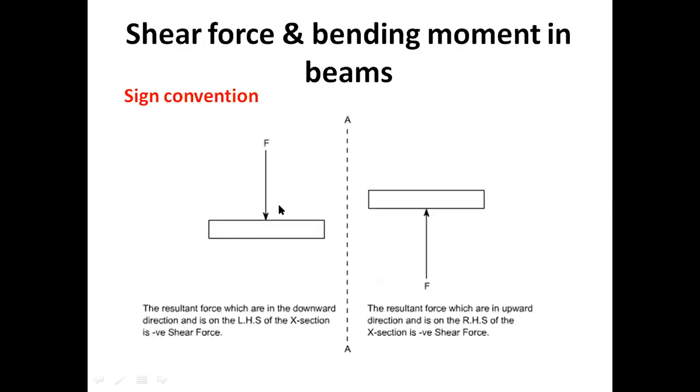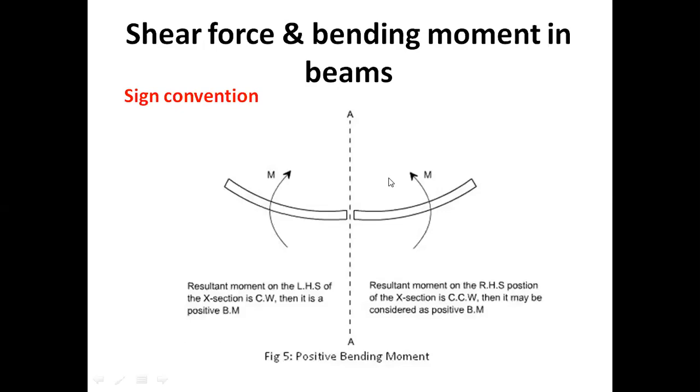In the other case, the loading is such that the left hand side of the beam is moving downward, whereas the right hand side is moving upward, and by convention, negative shear. The beam is subjected to bending, and we have taken a section. On the left hand side of the section, you see that the moment is clockwise. So we would take clockwise moments as positive on the left hand side, and counterclockwise moments as negative.